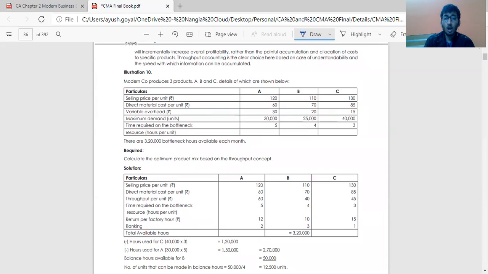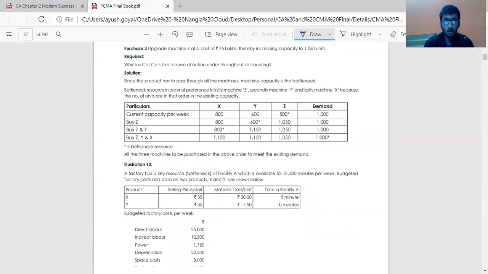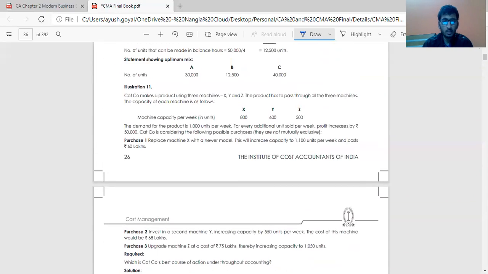Now, out of these 5 questions, I'll solve only 2 questions, and I want you guys to solve the rest of the 3 questions. I think question number 10 is very good, so I picked it. Question number 11 is sort of easy.